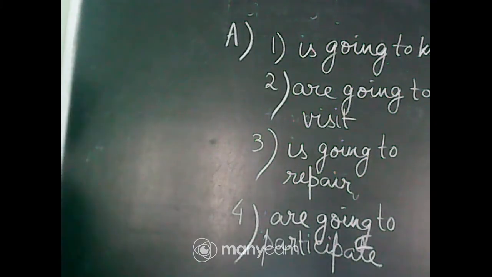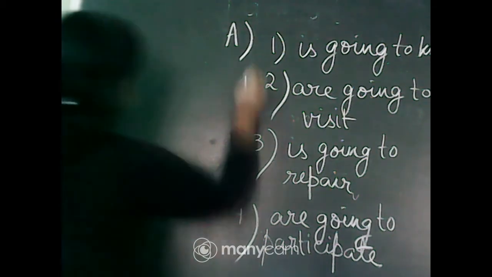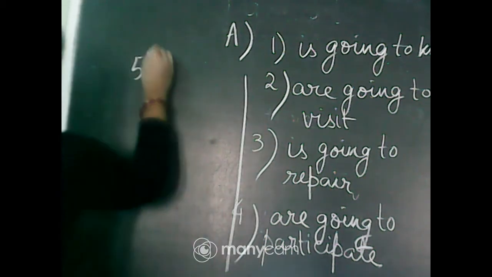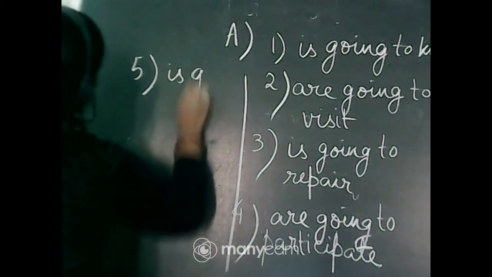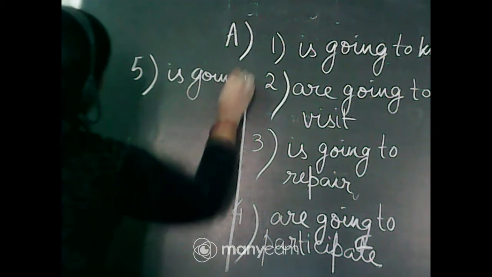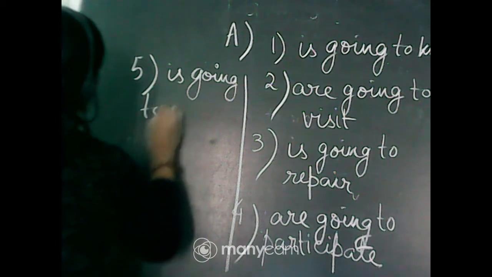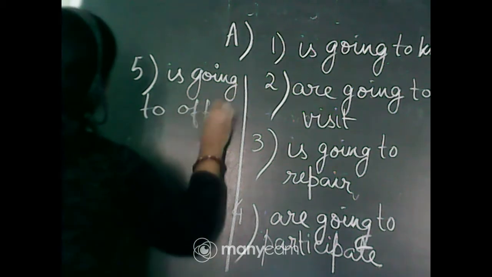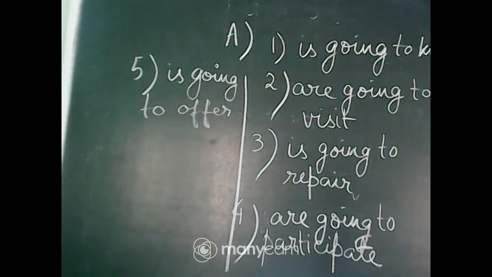And number 5, the shopkeeper is going to offer. Okay, till this everybody, I hope you have understood. Now let us start with exercise number B.